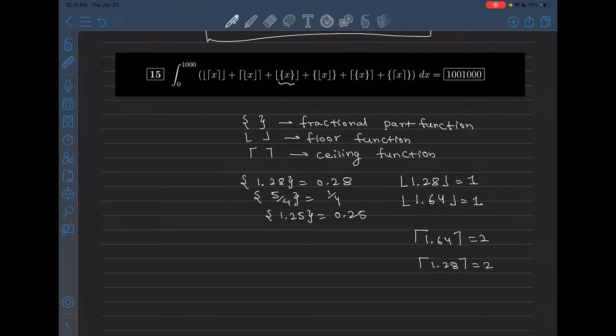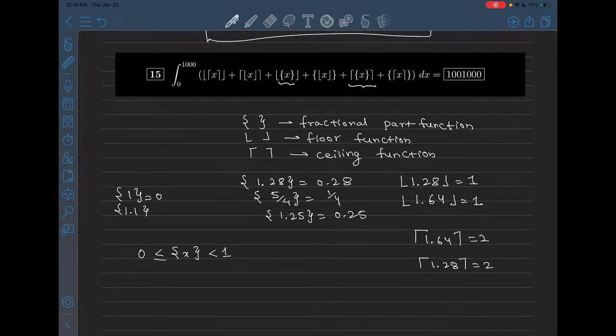Now something interesting is, I think these two should be pretty easy, because this fractional part is always greater than or equal to 0 and less than 1. Because if you have 1, the fractional part is just 0.